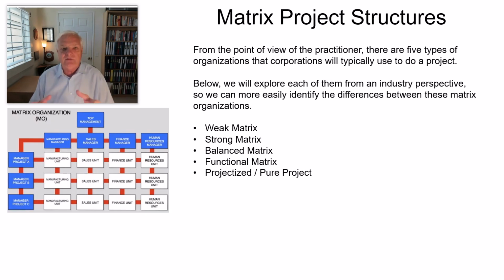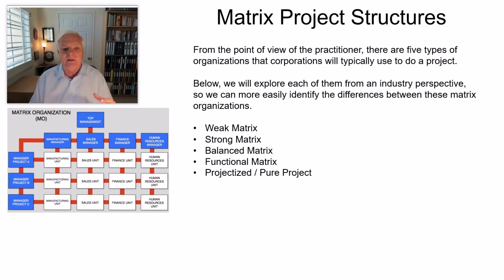Now, let's talk about the different types of project structures, because you can have many different types of structure depending on who your company wants to put in charge of the project and the structure of the project itself. If there is no PMO in place, then it becomes a very different ball game depending on the size of the company.